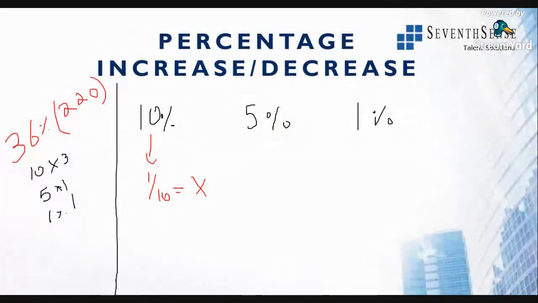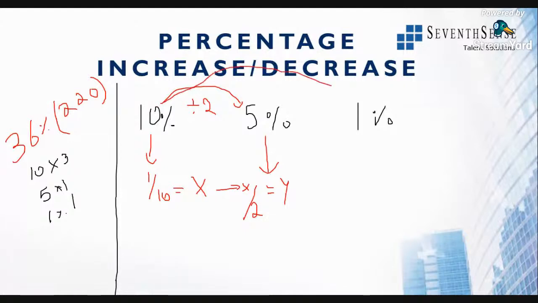5% is half of 10%, right? So if you divide the X value by 2, you will get the 5% value, which is Y. Similarly, 1% is 1 by 10th of 10%.